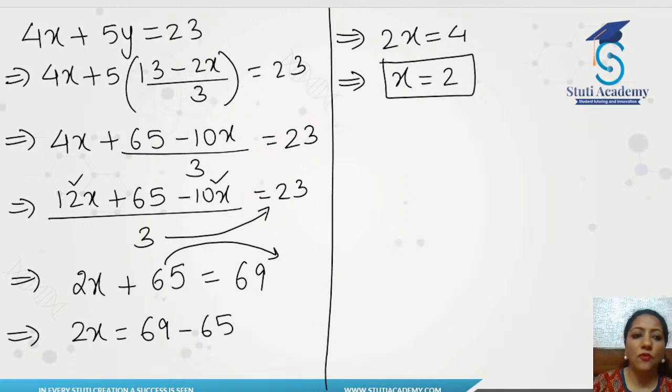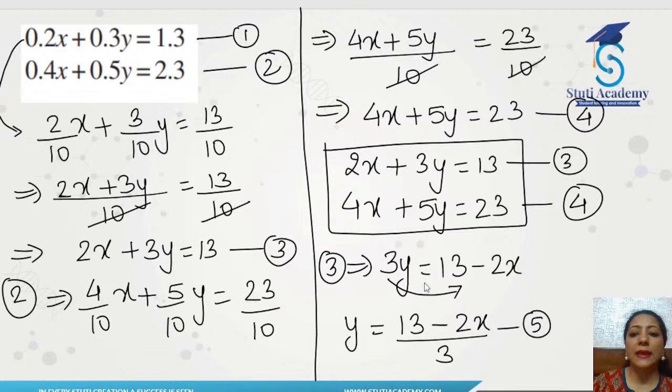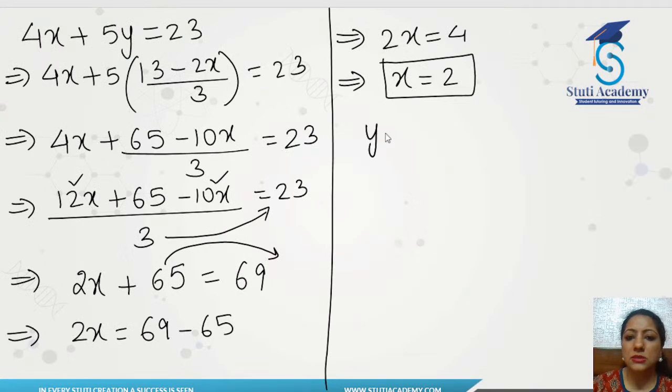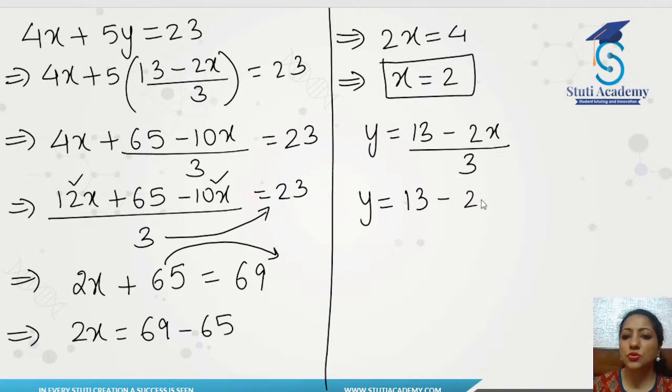I can take this value of x is equal to 2 and I can put it in any of the equations here. We can put it in this one or this. Wherever we put, in any case, we are going to get the same result. So I'm going to put x is equal to 2 here. So we have y is equal to 13 minus 2x upon 3. I will now replace x by 2. So I will get 13 minus 2 into 2 upon 3.